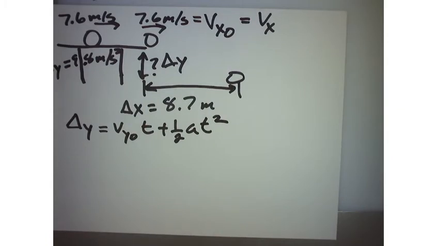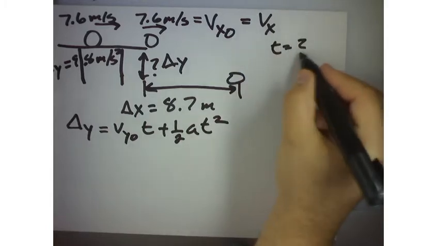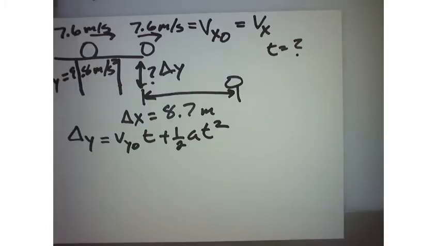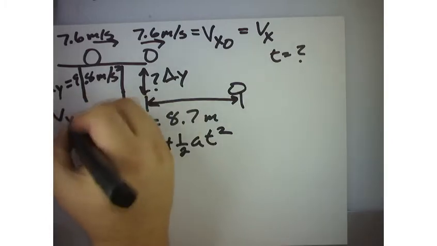And as somebody already pointed out, we're not quite sure what time is yet. So I need to find time. Do we know the initial velocity in the y direction? The instant this leaves the platform, what is the velocity in the y direction? 0. Good. So Vy naught is equal to 0.